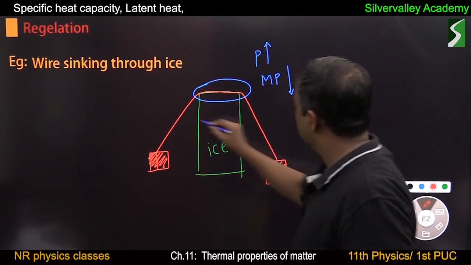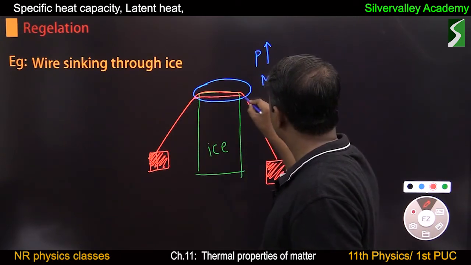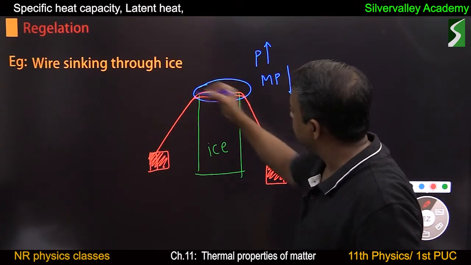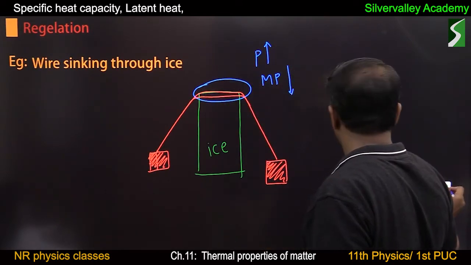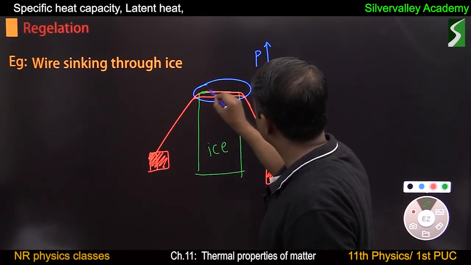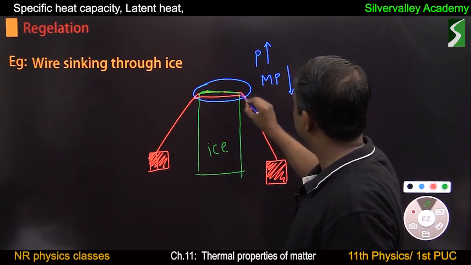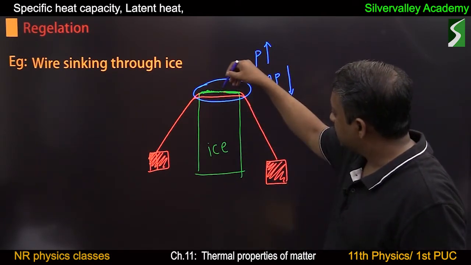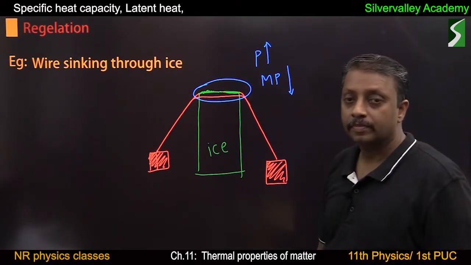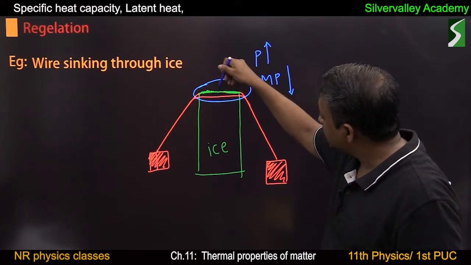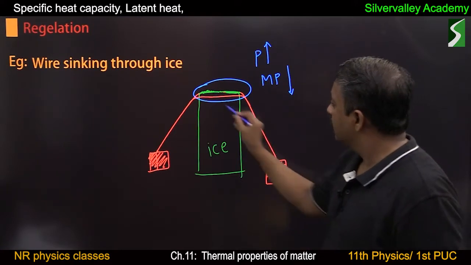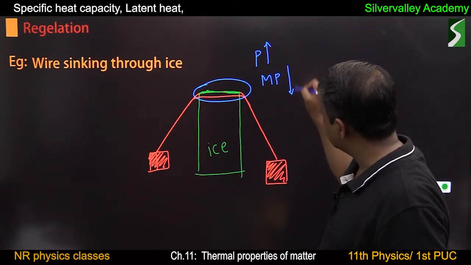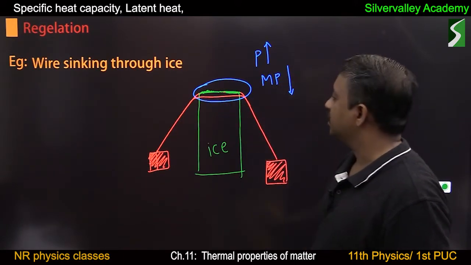Now, this is the position of the wire, and the water above the wire refreezes. That is regelation. Now, this is again ice. See, there is ice, wire, ice. So the wire is sinking into ice. Again, pressure just below the wire is more, therefore melting point is less. Again, that part of the ice melts.